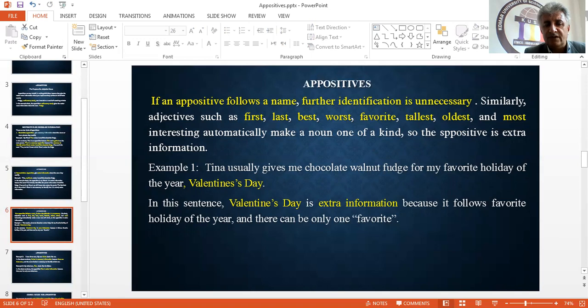For example, when we say Tina usually gives me chocolate walnut fudge for my favorite holiday of the year, Valentine's Day. In this sentence, Valentine's Day is extra information because it follows favorite holiday of the year. And there can be only one favorite.